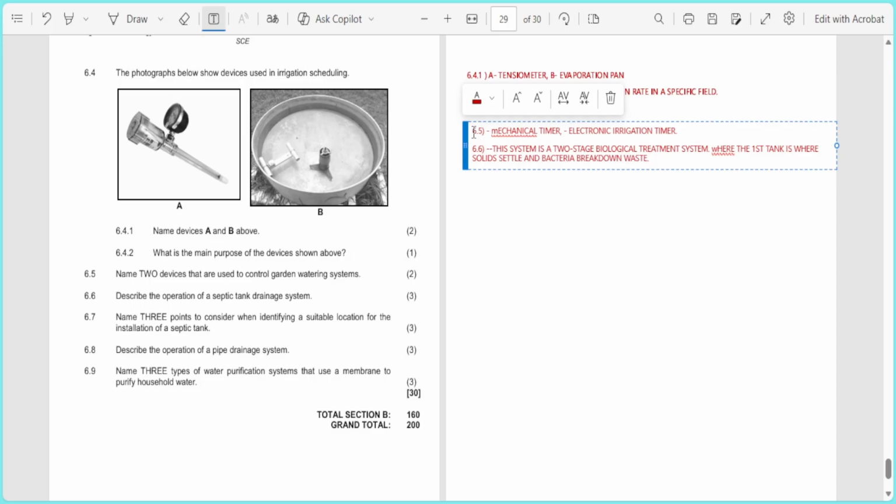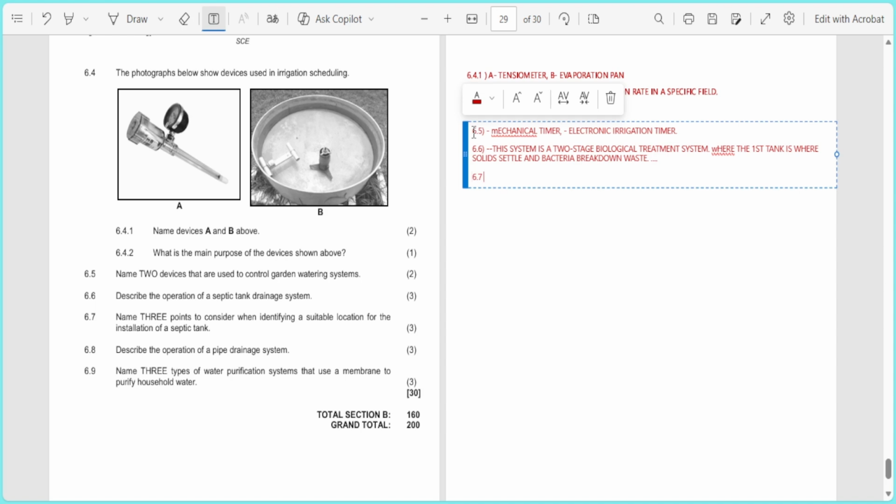The second tank allows further settling, making the material mostly liquid. You can just continue by adding your own imagination to the answer. I'm not going to provide the whole thing, but I think I just gave away the answer for 6.6.